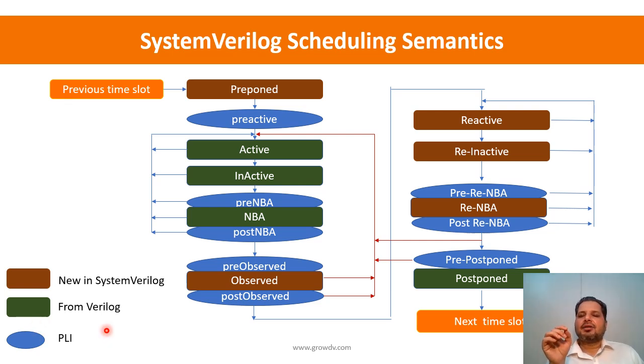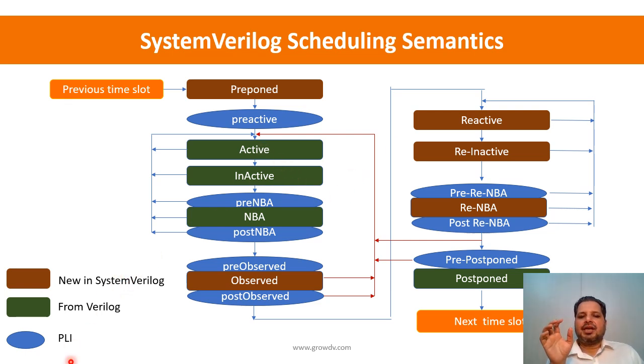PLI is nothing but your programmable logic interface, and it's meant for your C++ applications to interact with the SystemVerilog world. That's what it is meant for. The PLI usage is not something everyone generally uses, but we will look into it. But our primary focus is on the Verilog and SystemVerilog regions. Okay, so let's quickly jump into it.